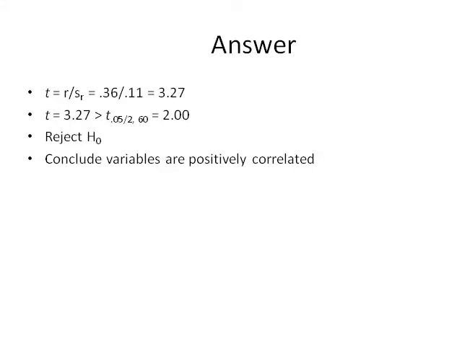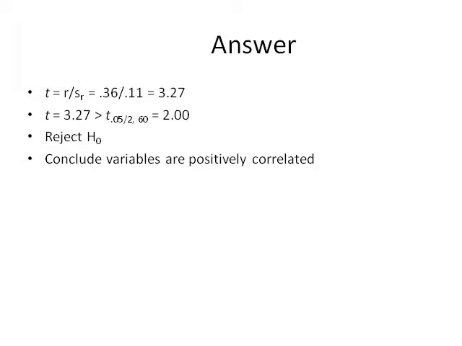We would compute t by dividing the correlation coefficient 0.36 by its standard error 0.11, and the result would be the test statistic of 3.27.